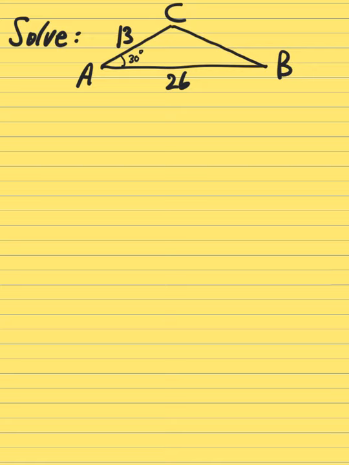Let's first find, well, since we know angle A, it would make sense to go after side A. Let's do that. Back on the first slide, and I'm going to write the formula down just as a reminder.